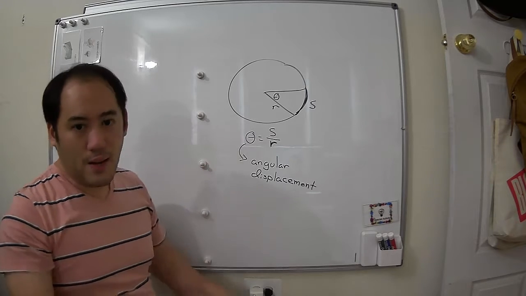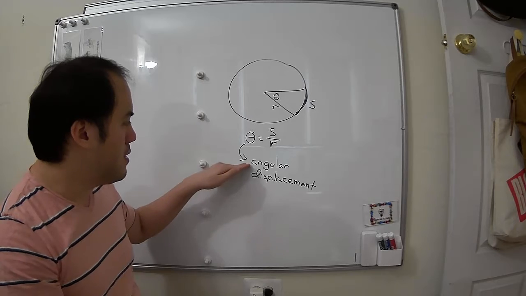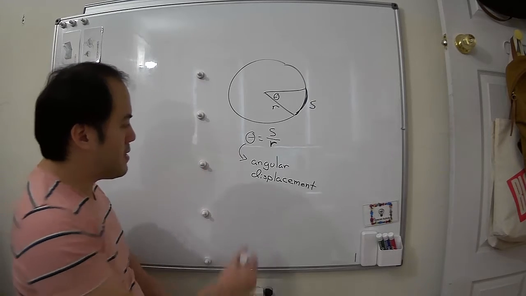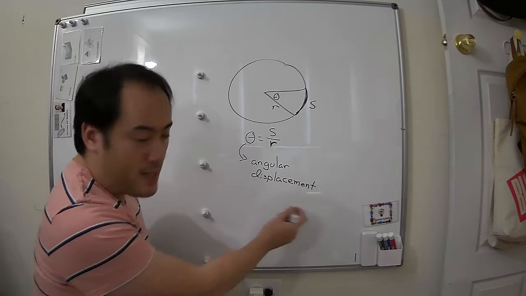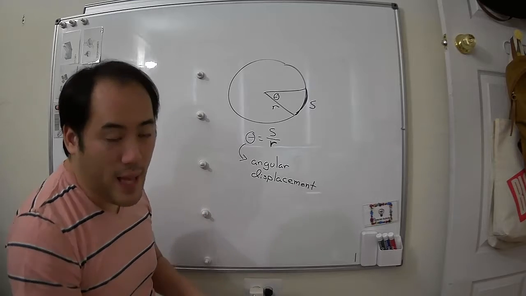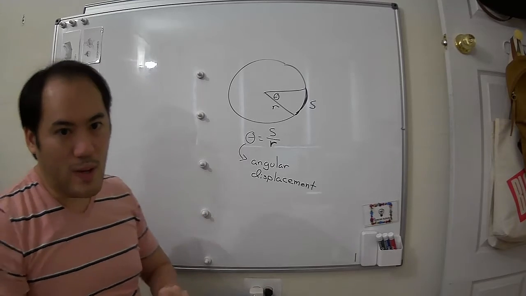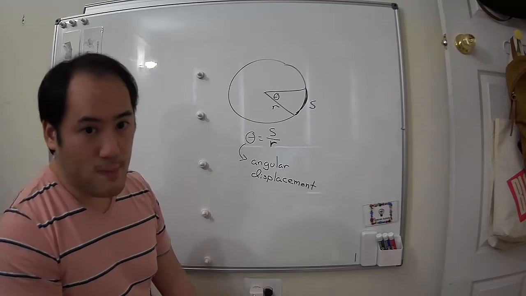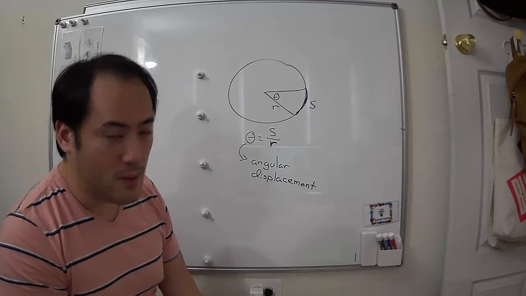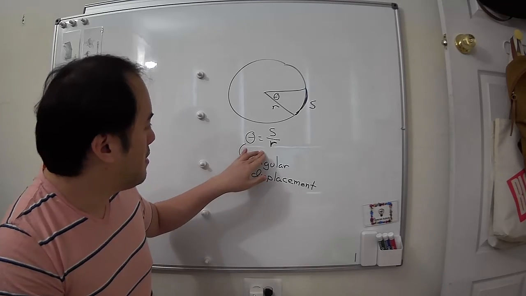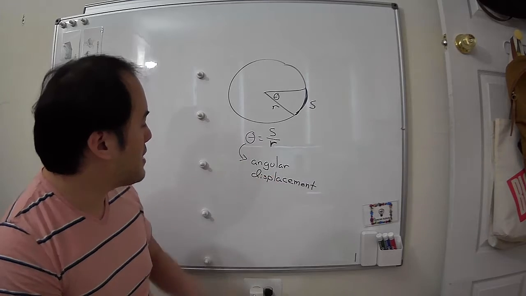It doesn't matter. I'll use a bunch of different words for this, but notice it's displacement, which we talked about a lot, plus angular. So it's an angular analog, or an angular version, of displacement. Pretty straightforward. This is really useful, and it's much better than degrees for this idea.